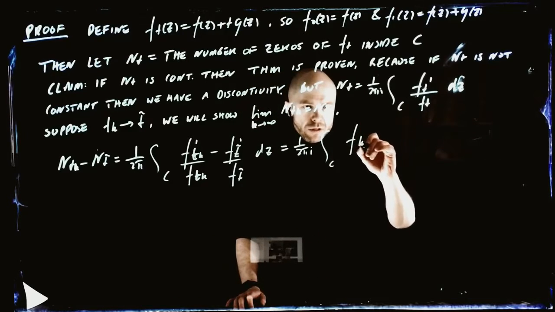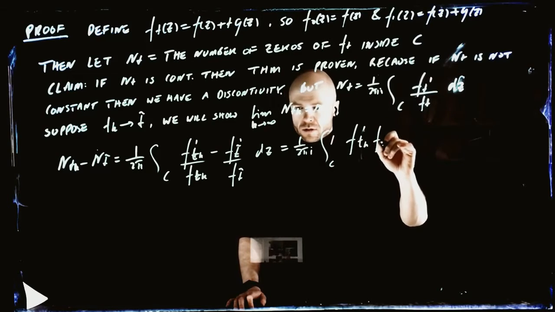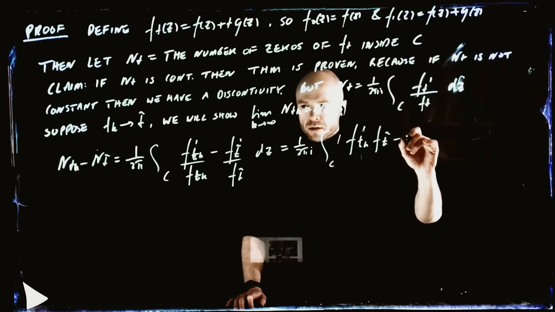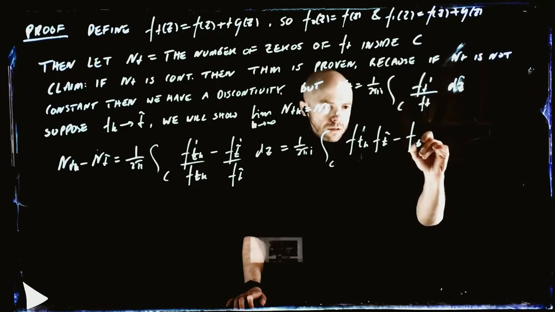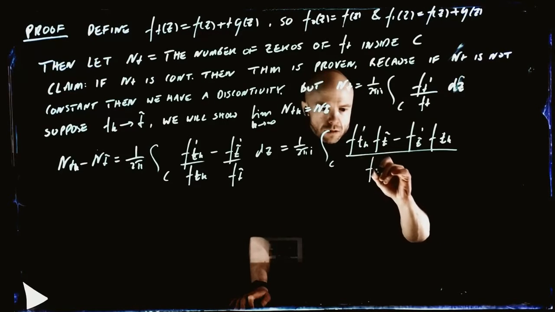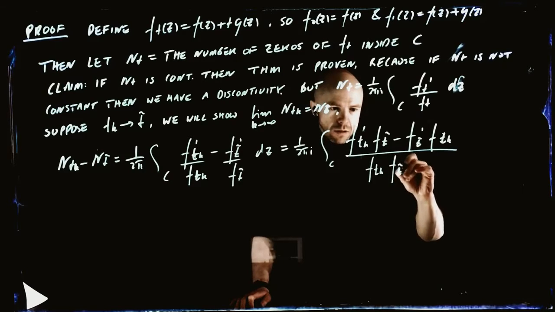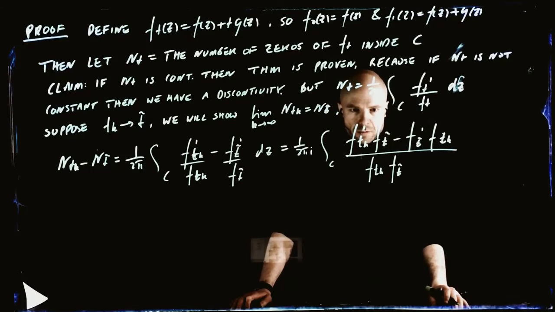Then we're going to have f_{t_k} prime times f_{t tilde} minus f_{t tilde} prime times f_{t_k}, over the product. Everybody happy with this?